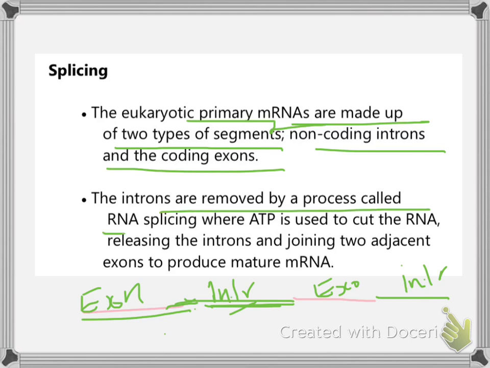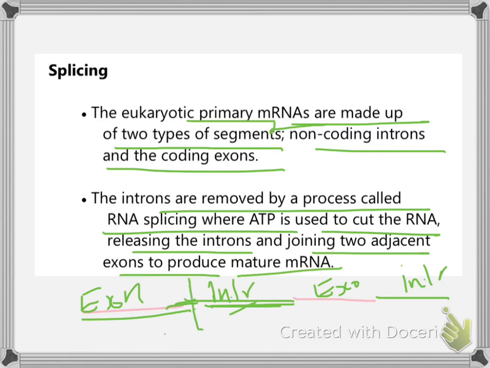The introns are removed by a process called RNA splicing, where ATP is used to cut the RNA, releasing the introns and joining two adjacent exons to produce mature mRNA. That is, these introns are cleaved by RNA splicing. For that, ATP is utilized and these exons are joined to produce the mature mRNA.